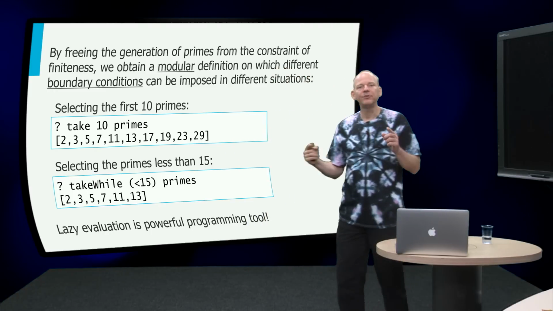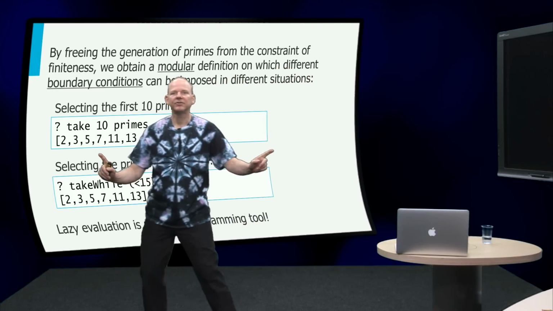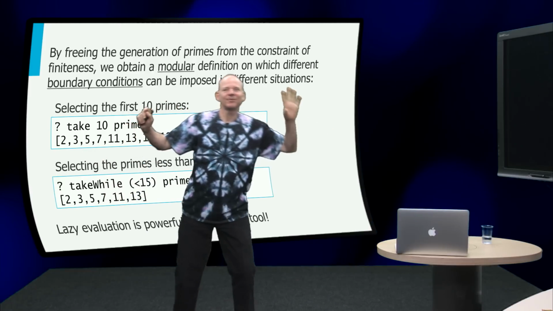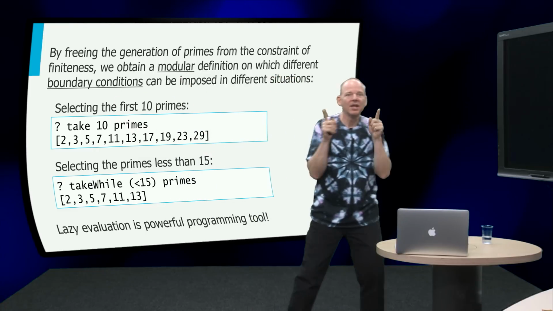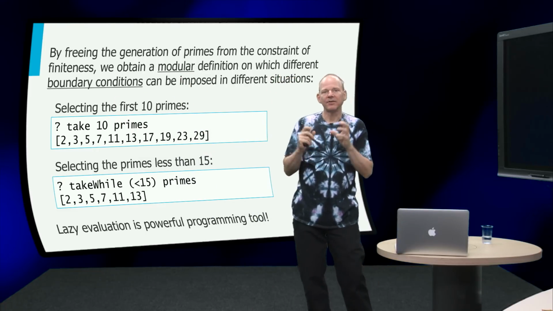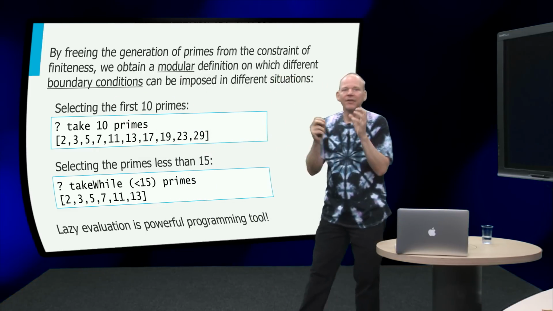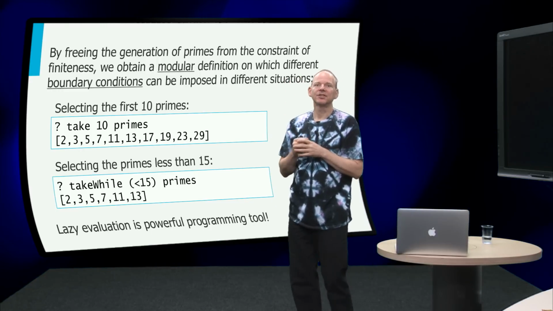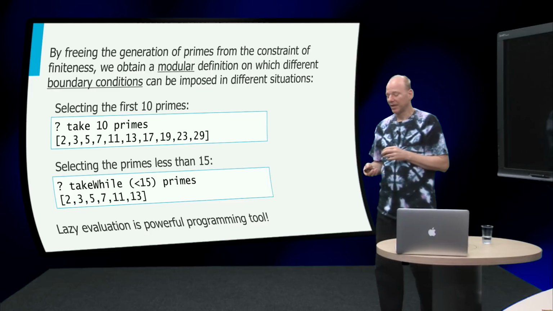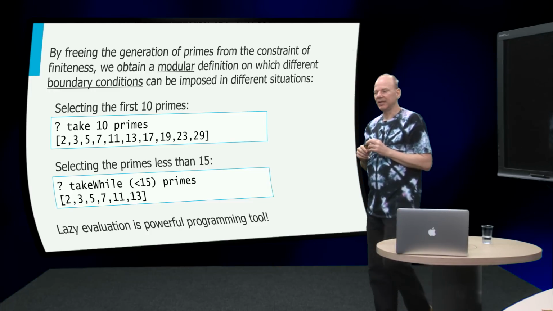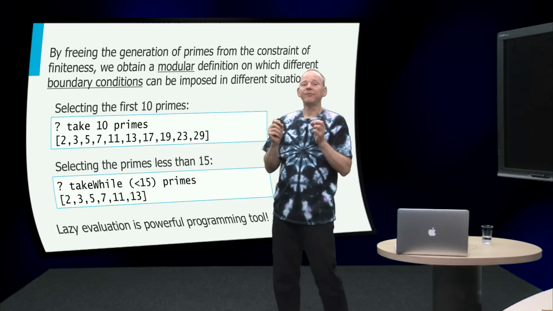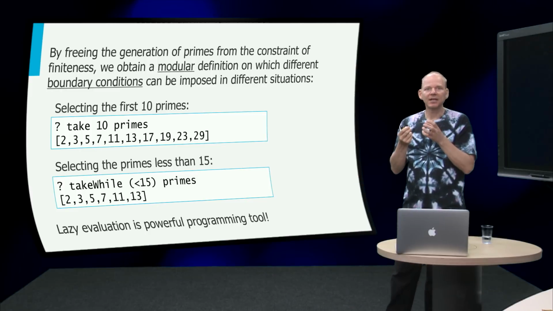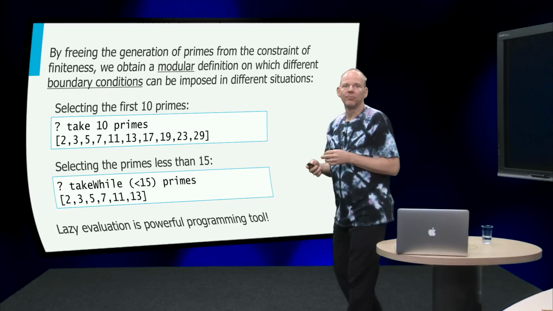You have to immediately fuse take 10 with primes into one function and takeWhile less than a certain value with primes to get one function if you don't have lazy evaluation. And a very nice paper to read here is John Hughes's paper, Why Functional Programming Matters, that has many more examples of this, the fact that lazy evaluation makes your code more modular.